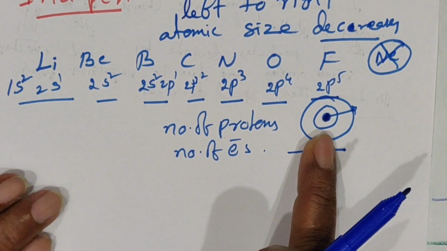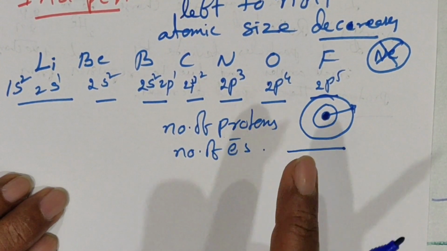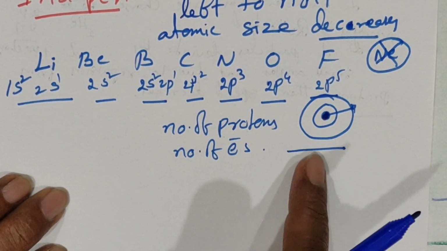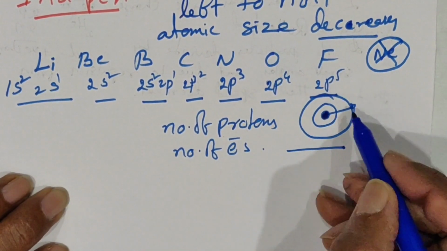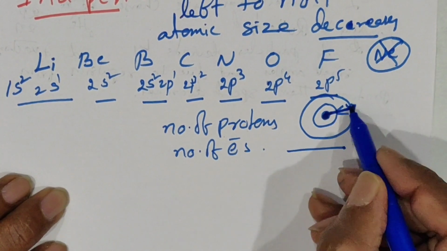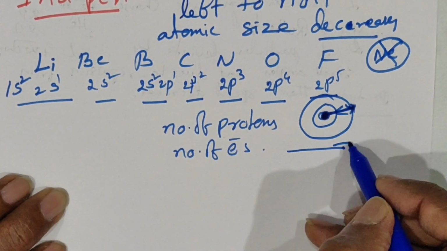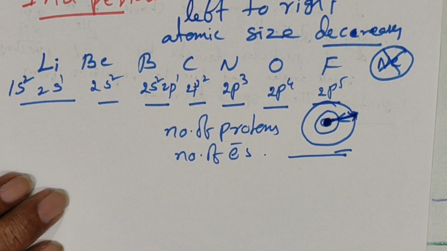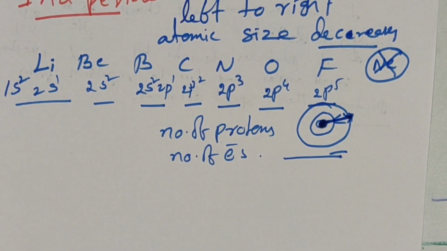If the number of protons increases, the nuclear force of attraction increases over the valence shell. That's why the valence shell is pulled towards the nucleus, and the size decreases. Right? Now in a period from left to right, atomic size decreases. So by using this concept, we have to identify the correct option from an objective point of view.